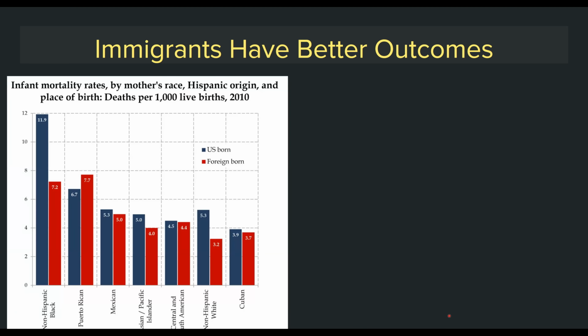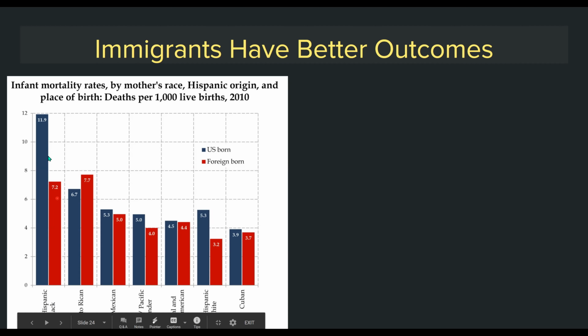So we also see this for other ethnicities. So when you are looking at non-Hispanic Black population, US born, much higher infant mortality rates. So last time we were looking at birth weight, now we're looking at infant mortality rates. Foreign born, much lower. Mexican, US born, higher. Foreign born, lower.